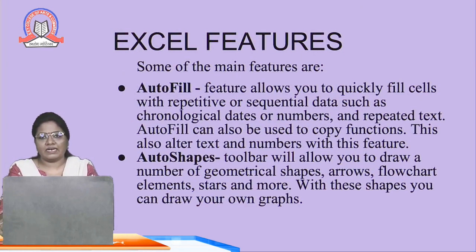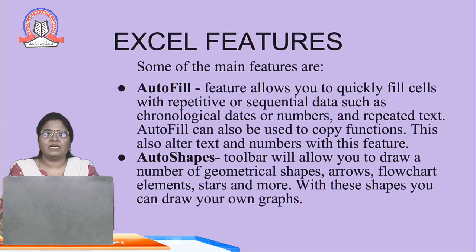Autofill is also another feature. It allows you to quickly fill cells with repetitive or sequential data such as chronological dates or numbers and repeated text. Autofill can also be used to copy functions. It can also alter text and numbers with these features. By dragging, we will get the autofill.